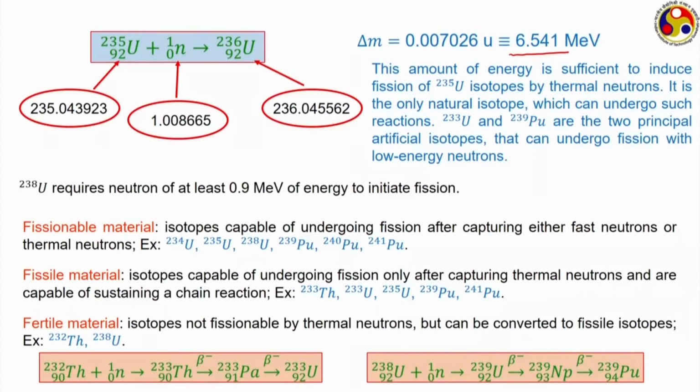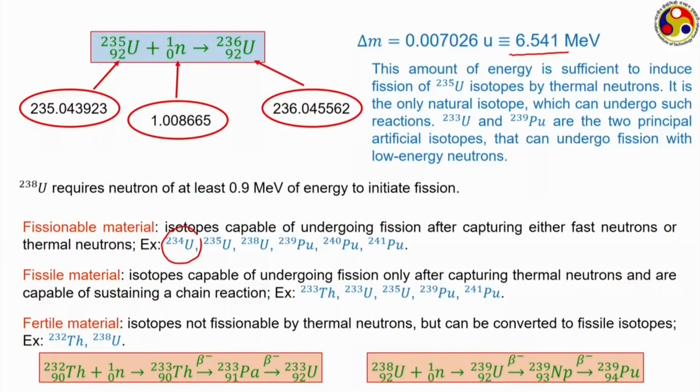And fertile material is the third category: isotopes which can't undergo fission by capturing thermal neutrons, but can get transmuted to fissile materials. There can be examples of fissionable material which are neither fissile nor fertile, like uranium-234. Uranium-234, after capturing one neutron, goes to uranium-235, which actually can't undergo fission here, for reasons we shall be discussing later.